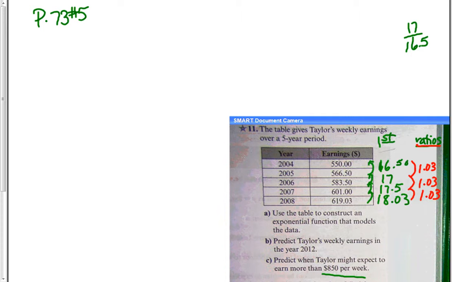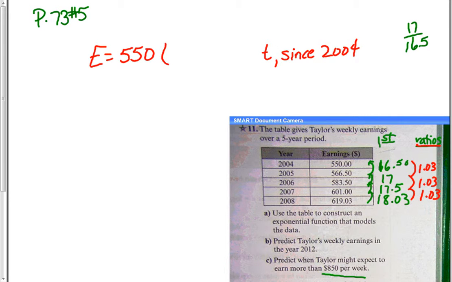Let's make our initial value 550, so this is earnings, and our time is going to be since 2004. And let's make our time t. Initial value times the rate of growth, 1.03, to the time, year since 2004.